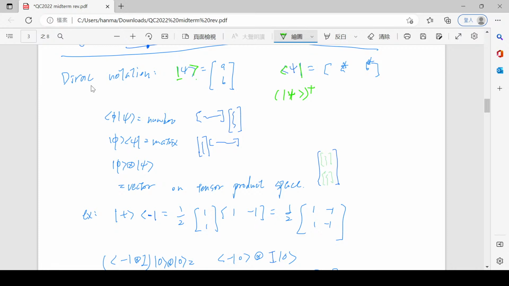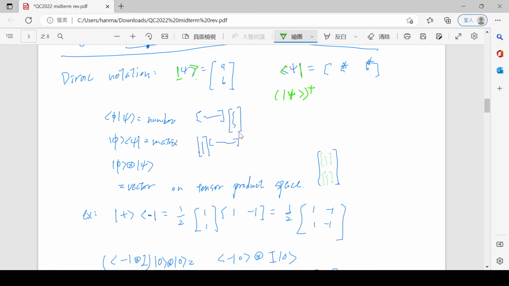And with this Dirac notation, we can do a whole bunch of matrix operations. We can think about this bra times ket. This is like an inner product. The result will be a number, a scalar, because you are multiplying a row vector with a column vector.